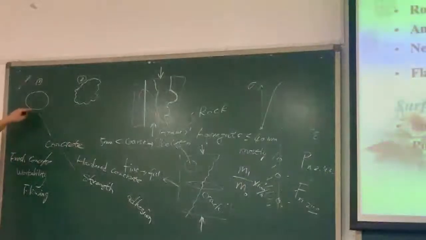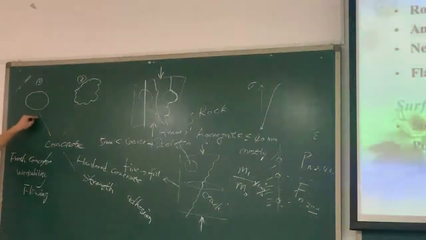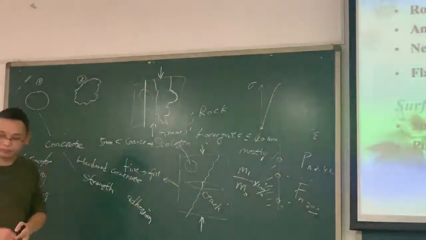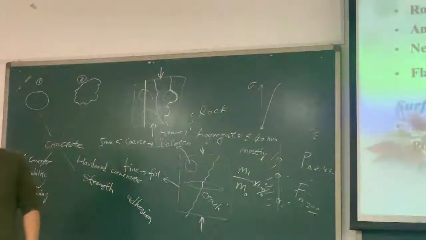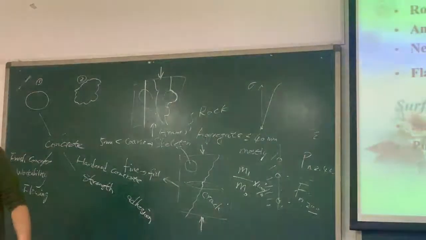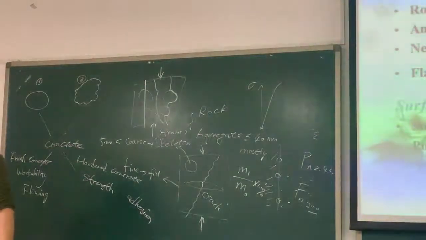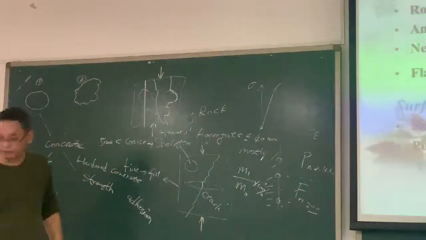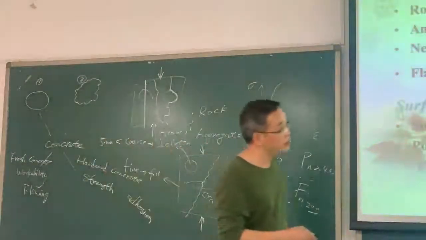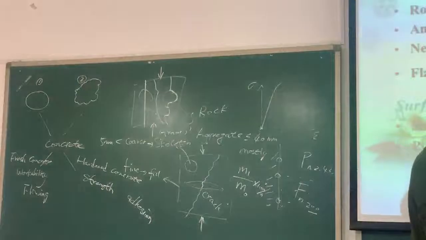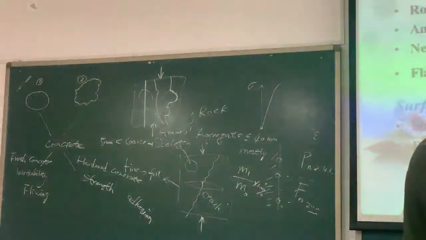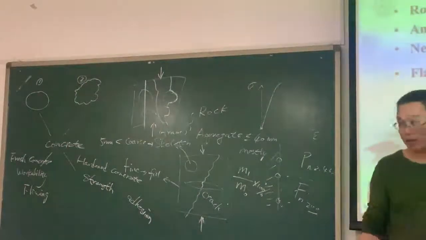But if we use the natural aggregate, we can get better workability. So this is the natural one. This is the crushed one, or the manufactured aggregate.